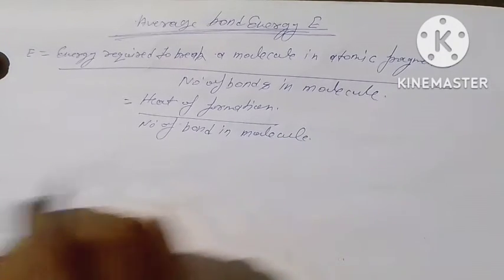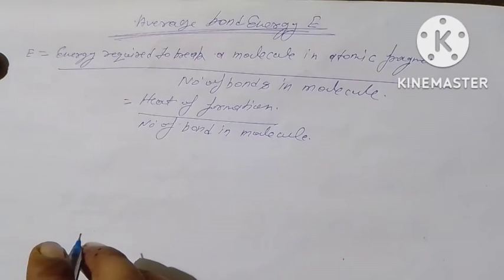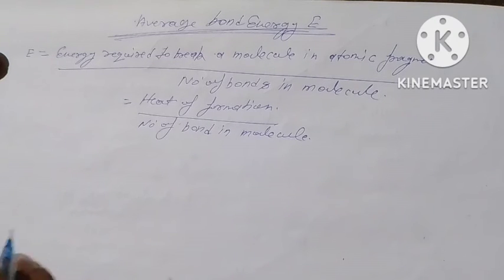For example, bond energy for polyatomic molecules such as ammonia, water, etc. is the average of the heat of formation divided by the number of bonds.